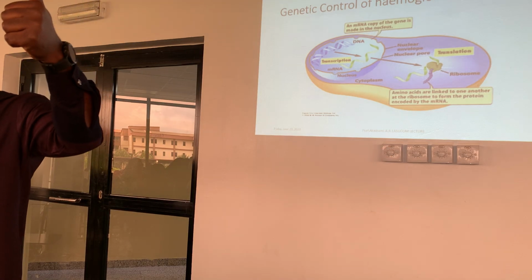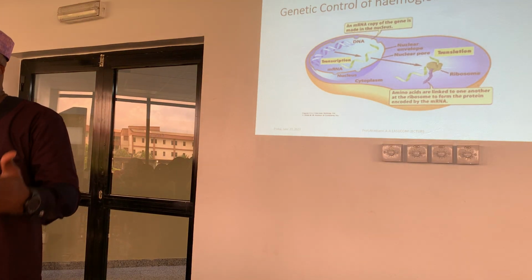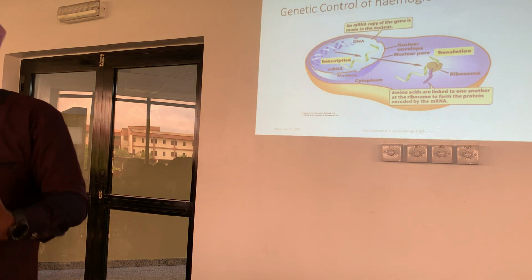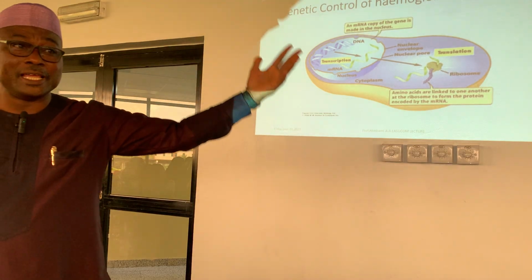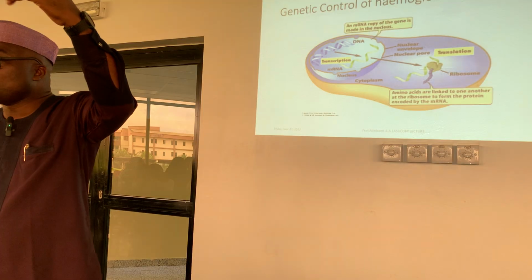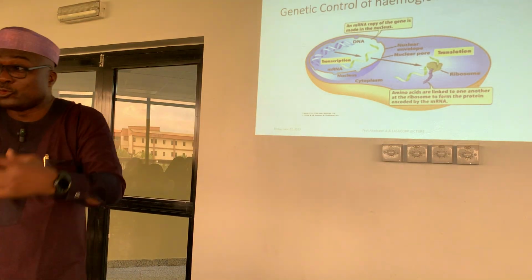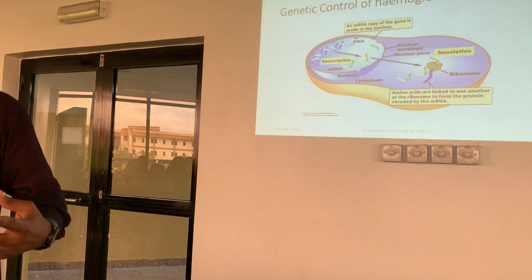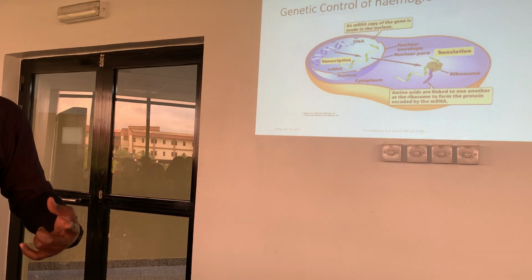I hope it's clear. I said this morning that if you have a protein, it doesn't fall from heaven. There must have been a messenger RNA, and there must have been a DNA. So if there is no point mutation in the nucleotide arrangement in the DNA, in which thymine replaces adenine, what type of hemoglobin are you going to produce?